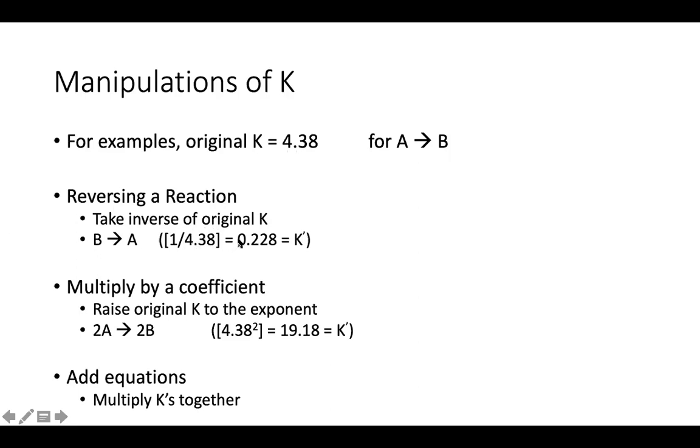When we do that division, it comes out to 0.228. So the equilibrium constant for B to A is 0.228.